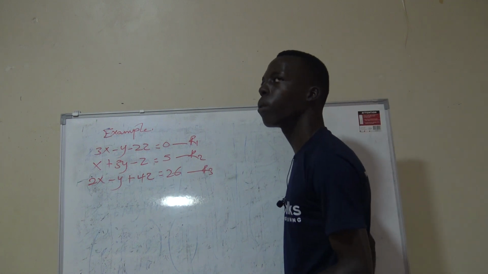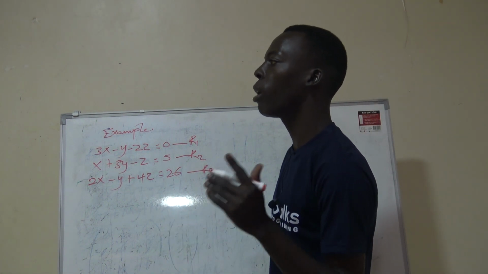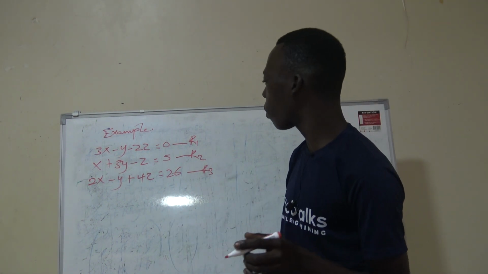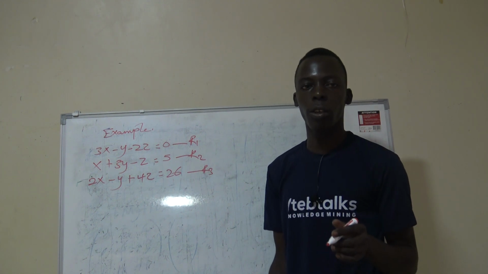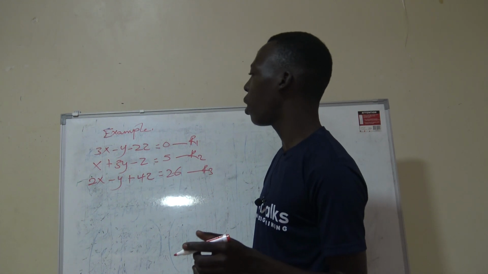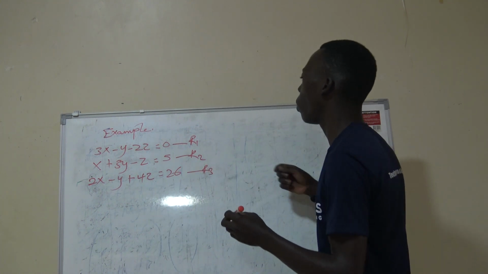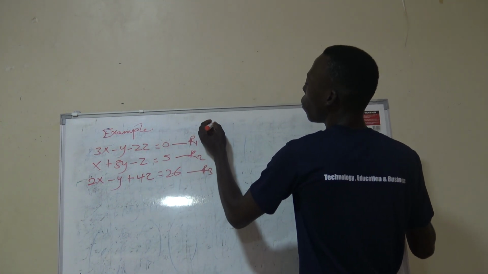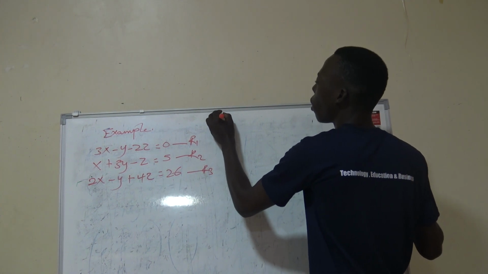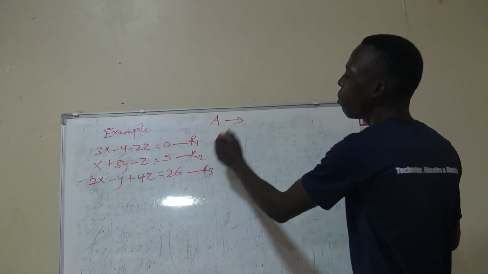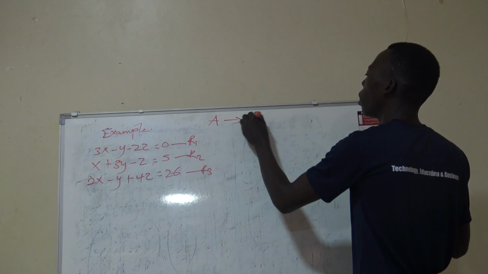Now we know that when we are dealing with matrices, like in those questions where you are transforming an object to an image, we say that you are transforming an object A to an image. This one you write as A prime.